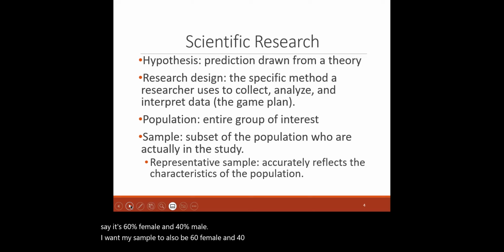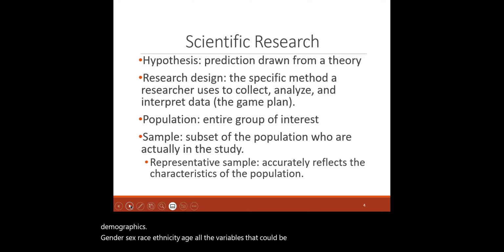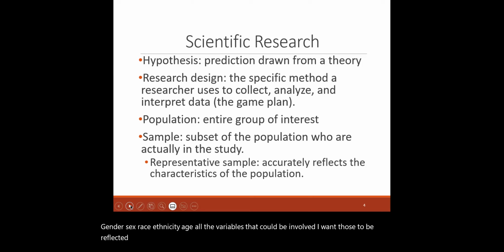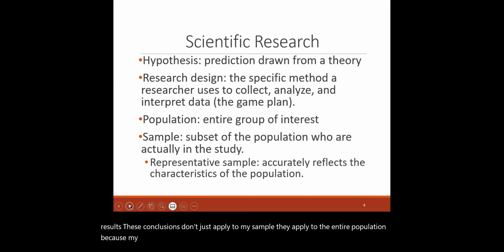And so I want those same demographics, gender, sex, race, ethnicity, age, all the variables that could be involved. I want those to be reflected in my sample so that when I get my results and draw my conclusions, I can say these results, these conclusions don't just apply to my sample, they apply to the entire population because my sample represents that population accurately.